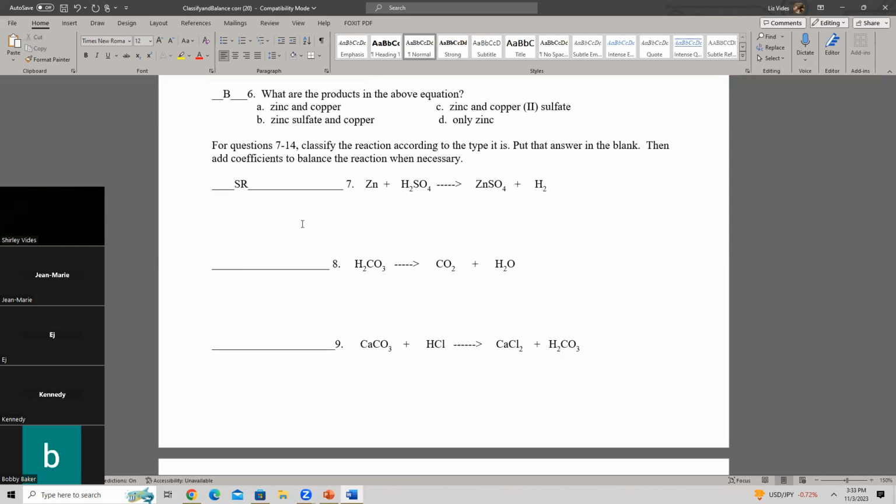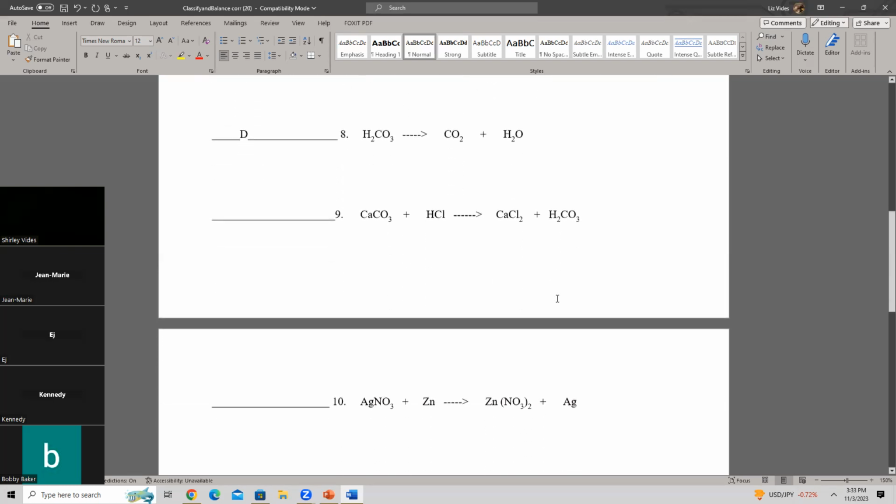How many reactants do you have? Reactants, that's the thing on the left. How many do you have? Only one, right? And how many products do you have? Two. So this means it broke up, right? This is a decomposition reaction. You see how it broke up into two things? We're going to go back and balance in a minute, but first we're just classifying.